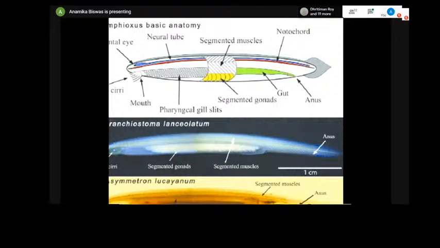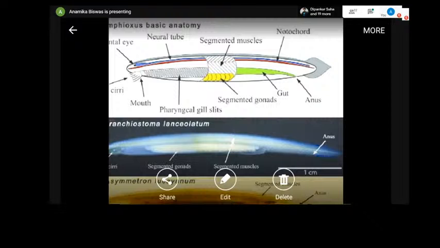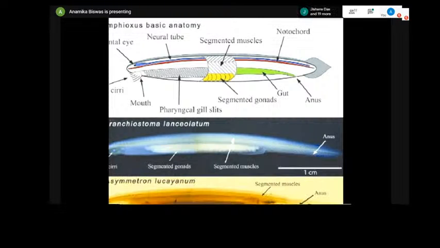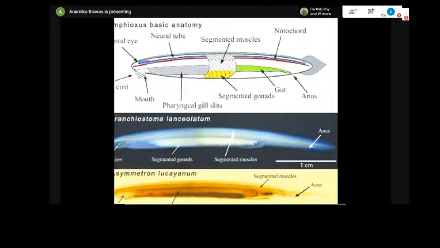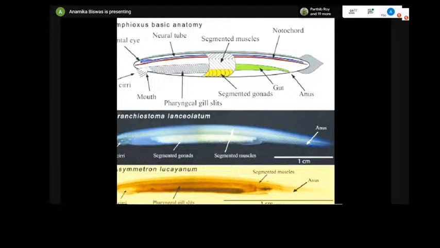It starts from the anterior part of the body. The notochord persists throughout their life. Coelom is present. Some other structures are also present. So it is Branchiostoma, cephalochordata.